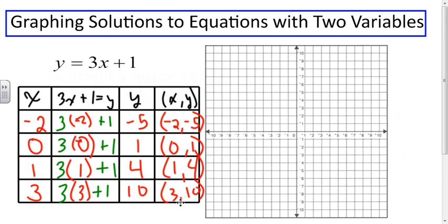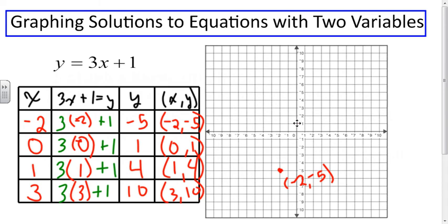The nice thing is if I did this right, I will get all my dots lining up in a straight line here. So let's plot them. -2, -5 is right here. And so let me label this -2, -5. 0, 1.